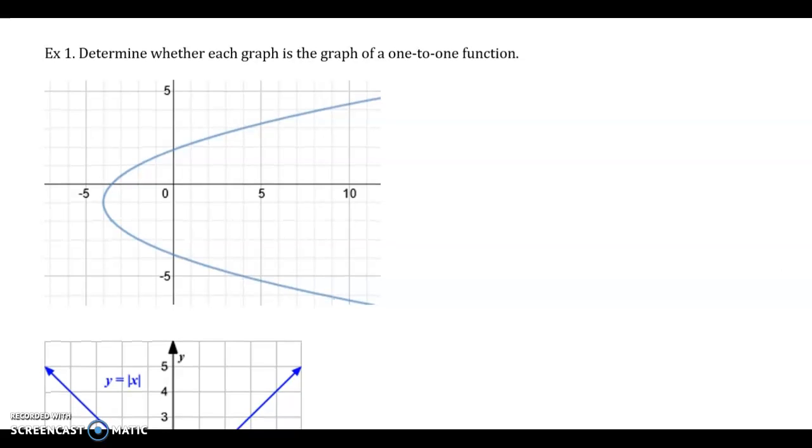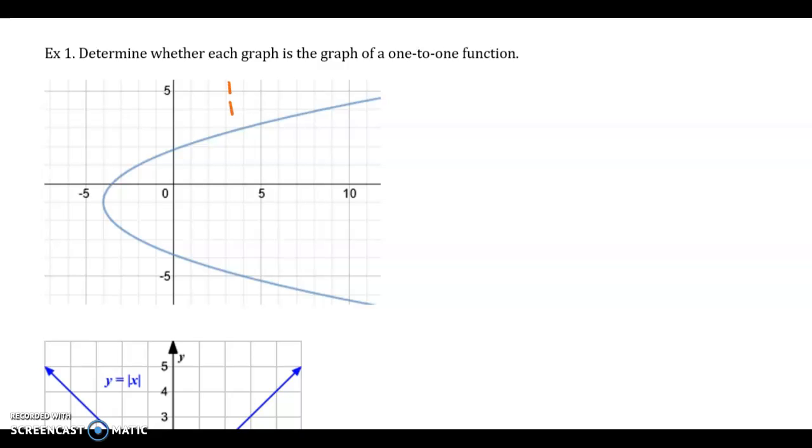It says determine whether each graph is 1-to-1. In order for a graph to be 1-to-1, it has to pass the vertical line test and the horizontal line test. So let's start off with the vertical line test.